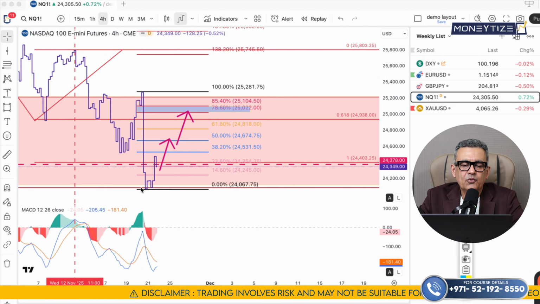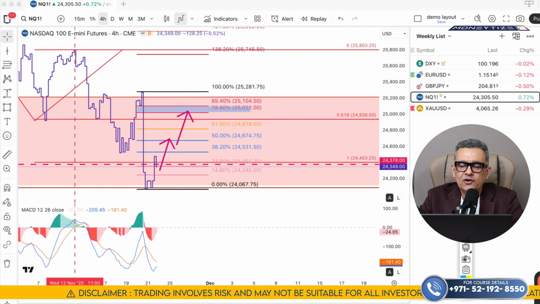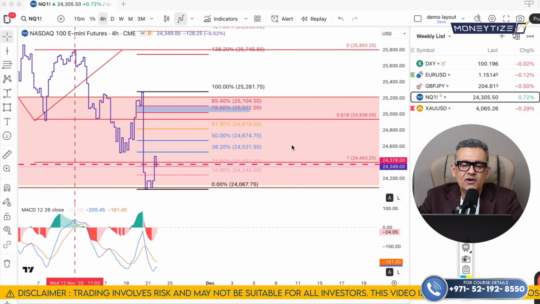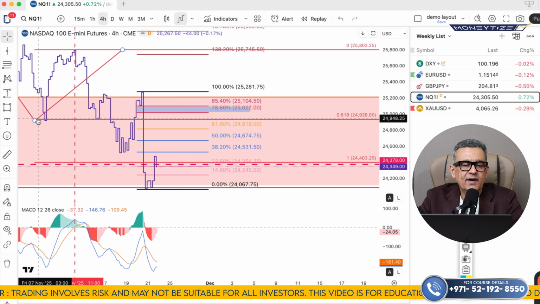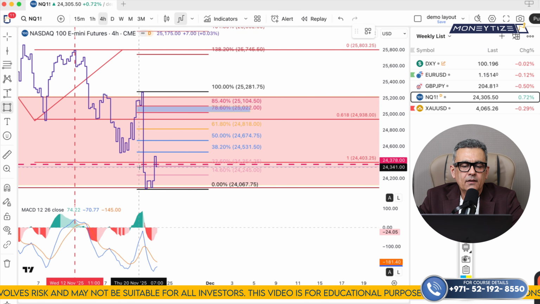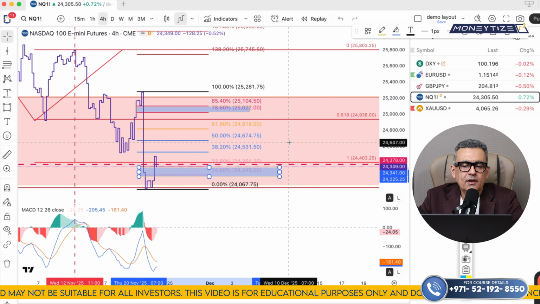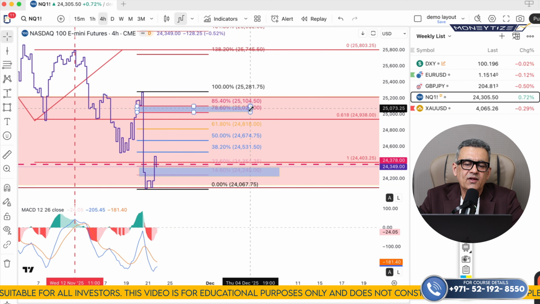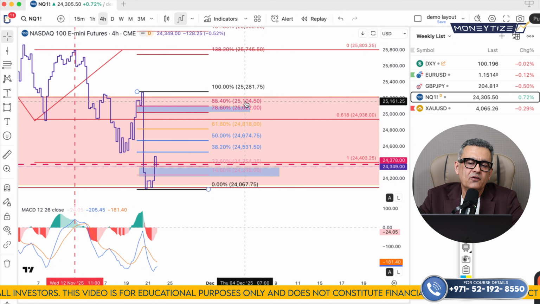So the local support falls at 24,000. To be more precise, it falls in between 24,245 to 350. So this is the local support here. And the area of resistance falls in between 25,000 to 25,104.